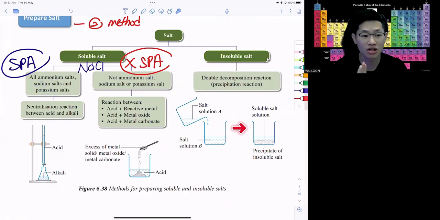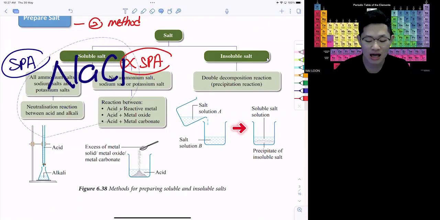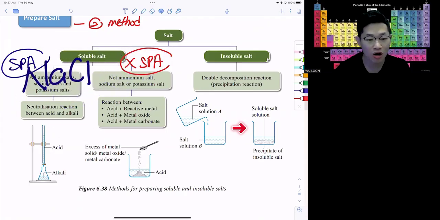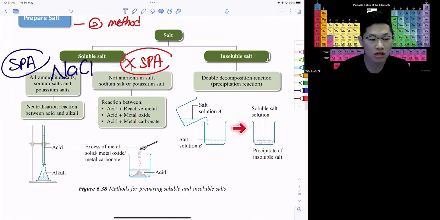SPA only, no N. If it is not sodium, potassium, or ammonium, we call it a non-SPA salt. So you have to ask yourself, does my NaCl contain SPA or not? Obviously there is sodium here. Na is sodium, so it is an SPA salt. So it goes to the first method here.